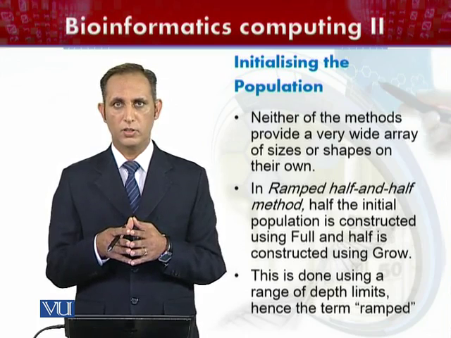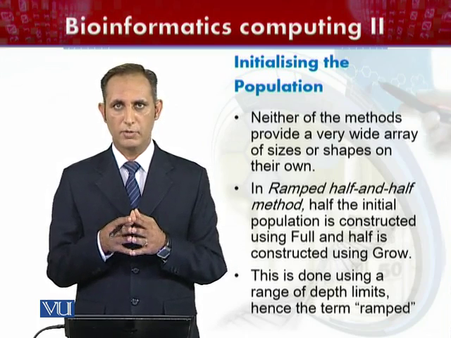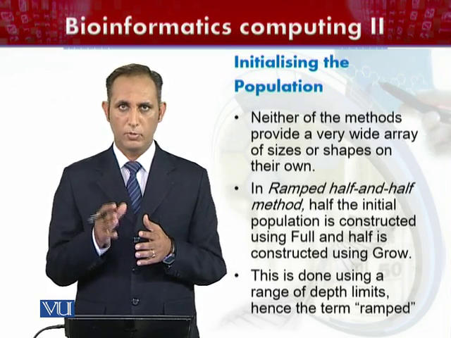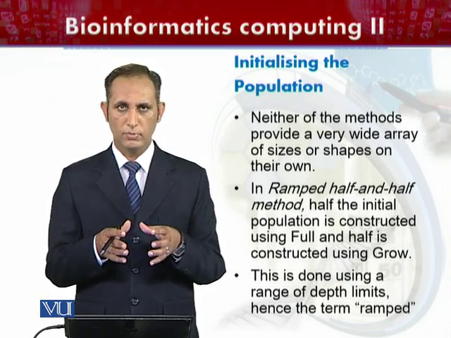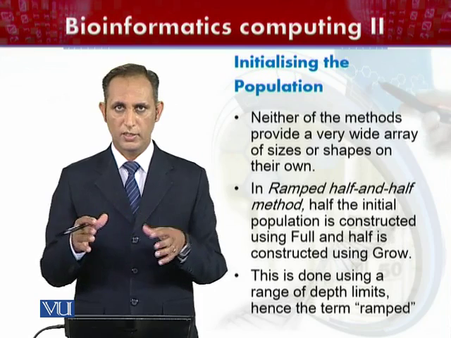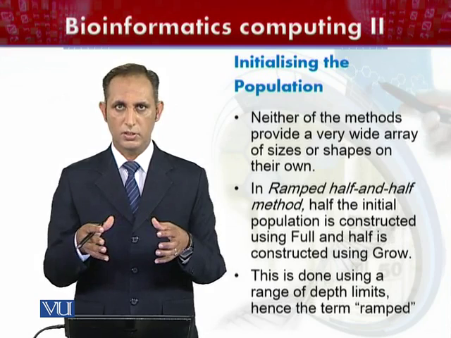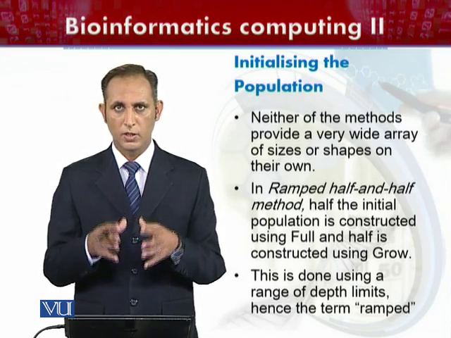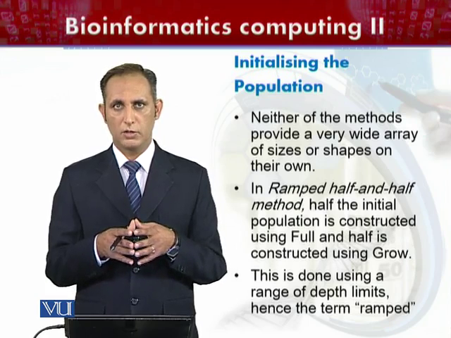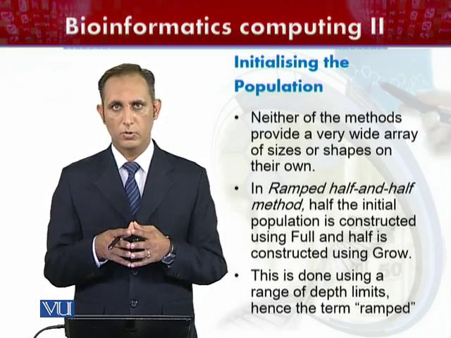And half and half, because half of the population is constructed through the full method, while the other half is constructed through the grow method, and then the other procedures are the same, because it is a combination of these two methods. So these are the three most popular methods which are widely used for initializing the population in genetic programming algorithms.